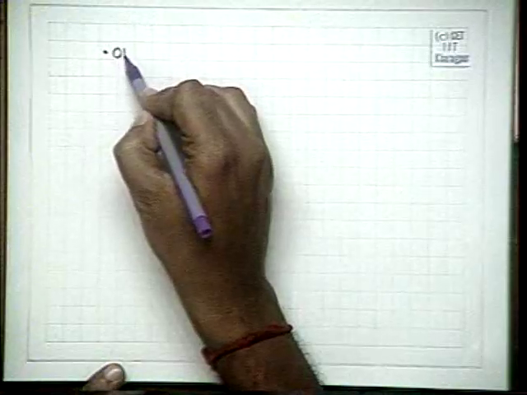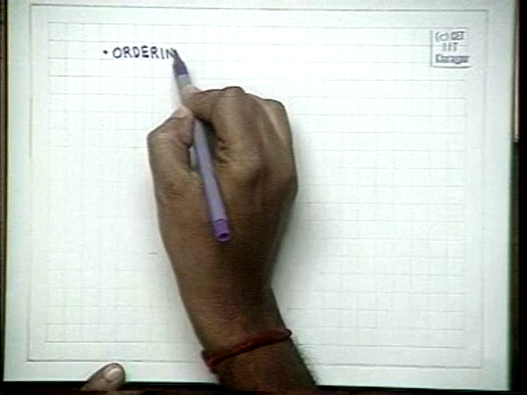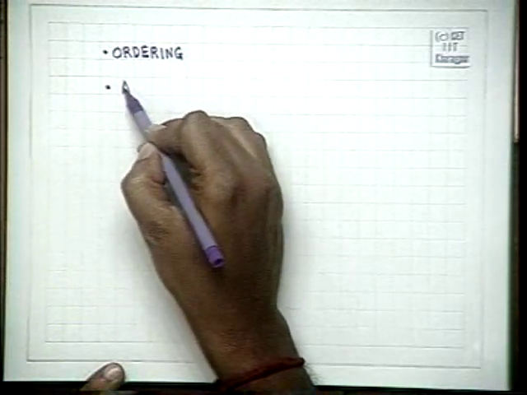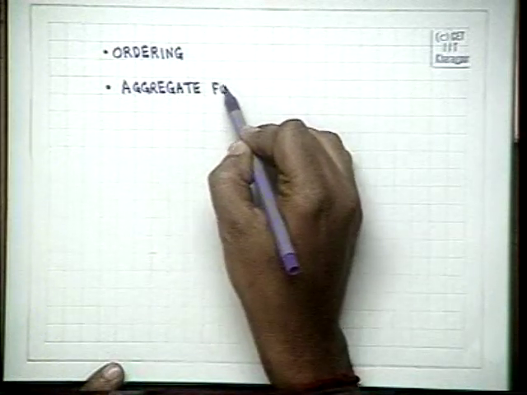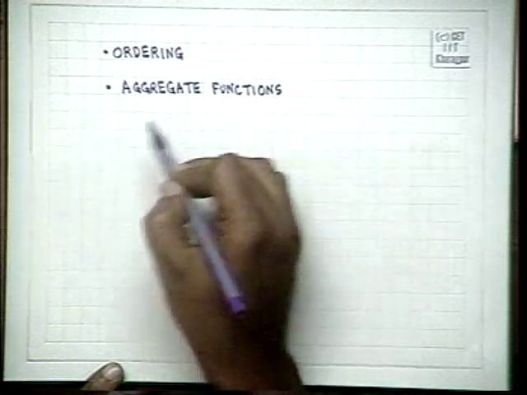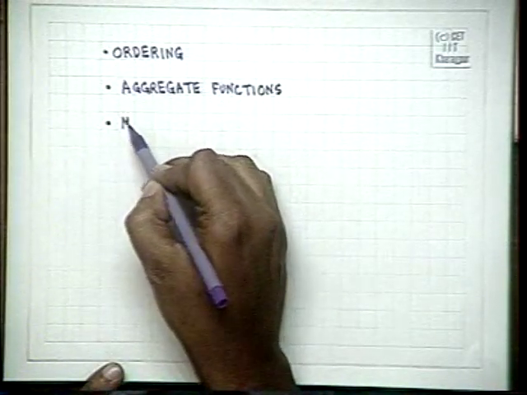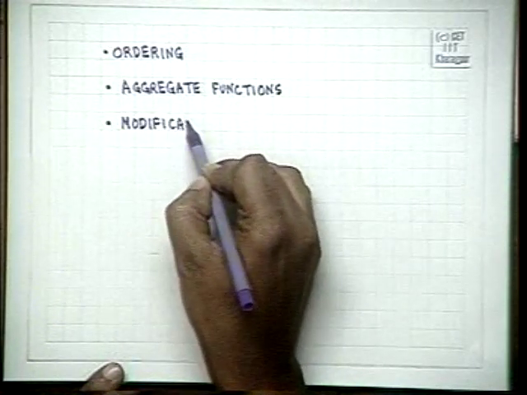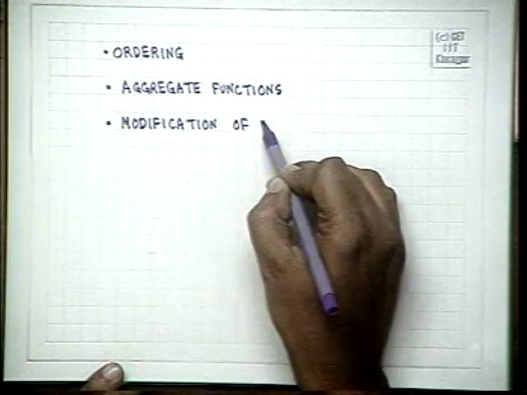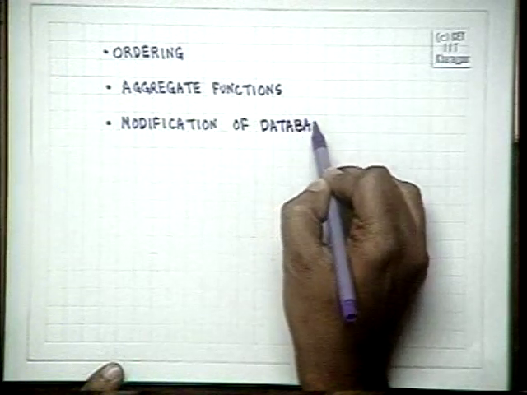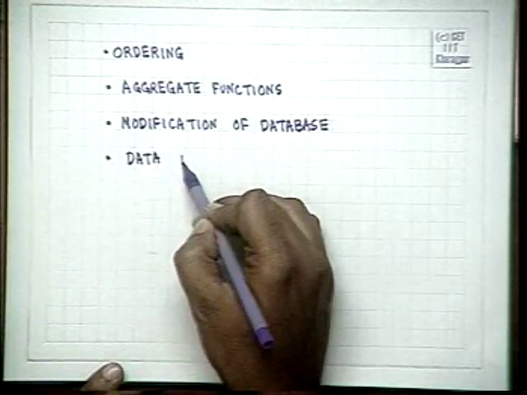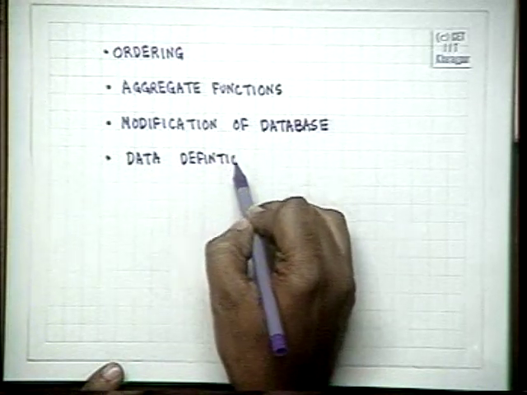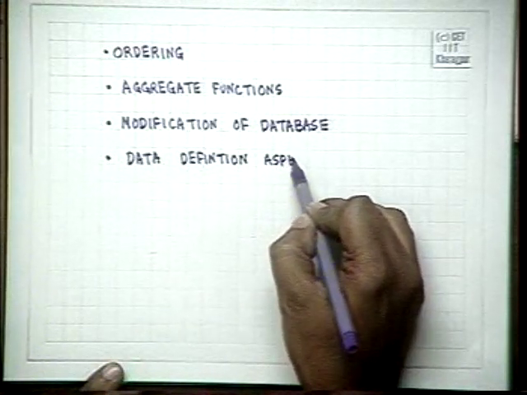Today we will do some other additional operations. One is related to ordering, second is related to the aggregate functions, and then we will proceed later on to do operations which allow for modification of the database, and we will have a quick look at the data definition aspects provided by SQL.